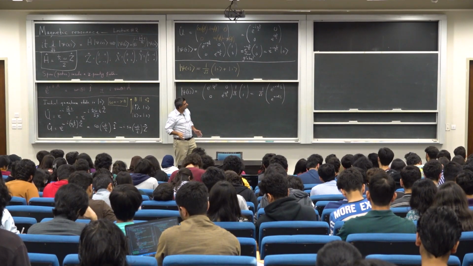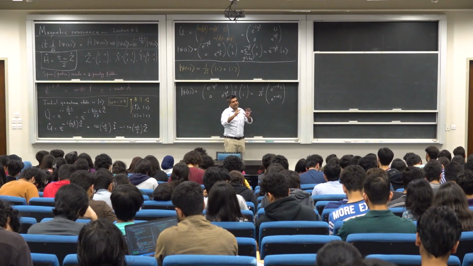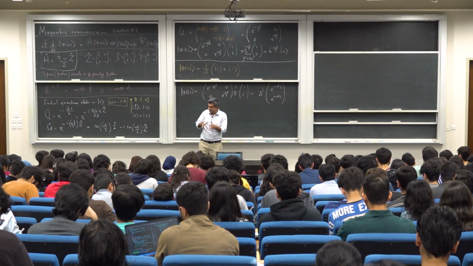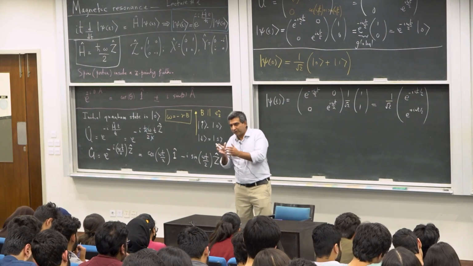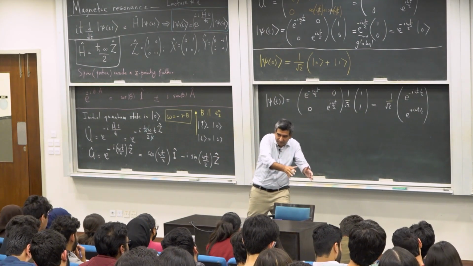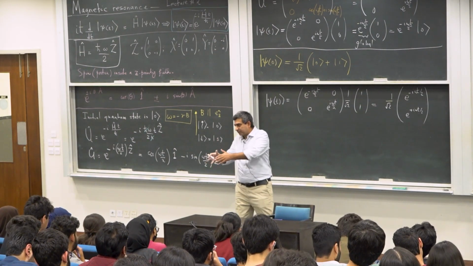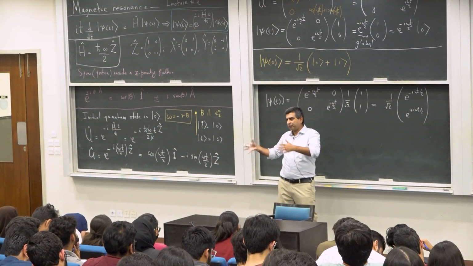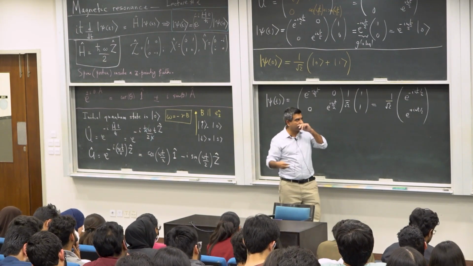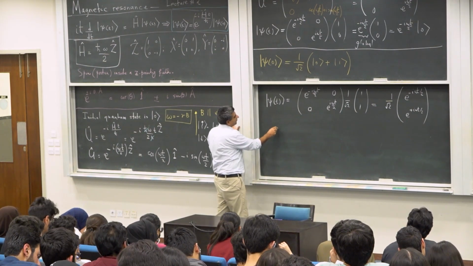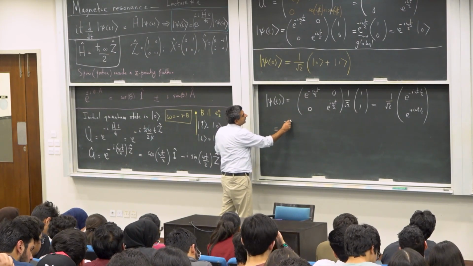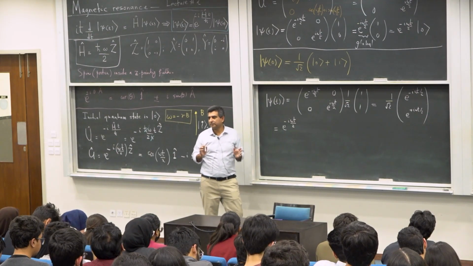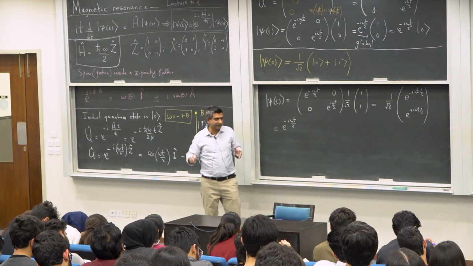Now let's factorize out a phase factor and write this in a neater form. I would like to write this in a ket form. So you can go from ket to matrices, you can go back from matrices to kets. So now I have this quantum state in vector form. I would like to write a ket out of it. First of all, I would like to factor out this factor and treat this as a global phase. Just bring it out of the vector.